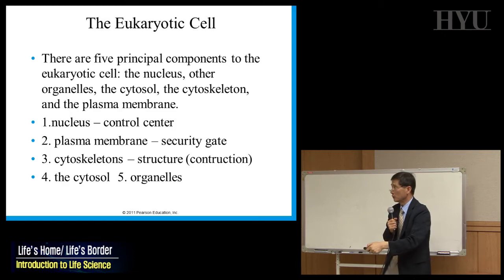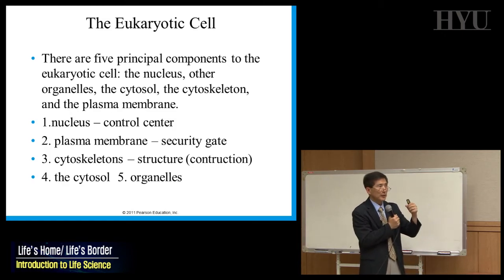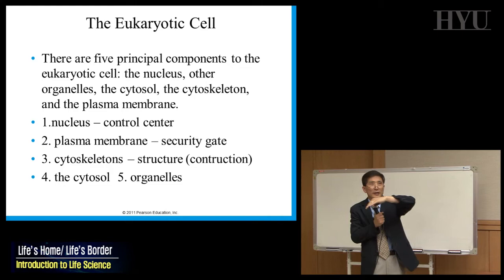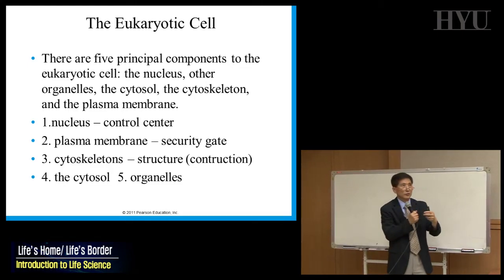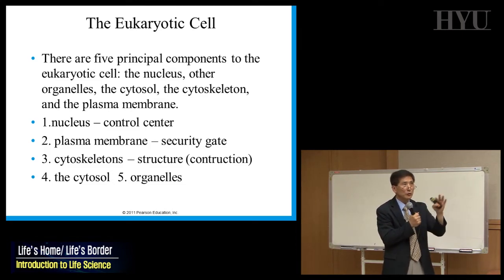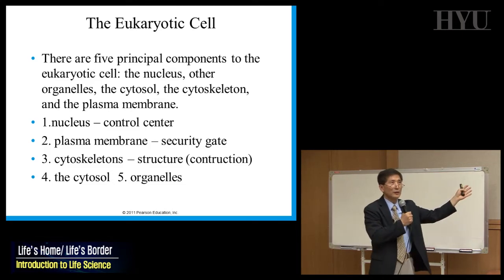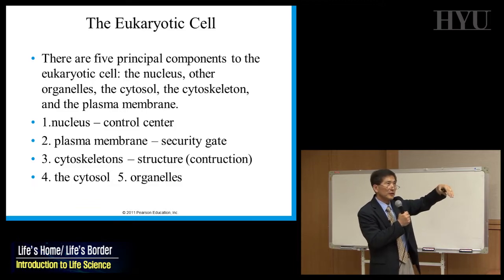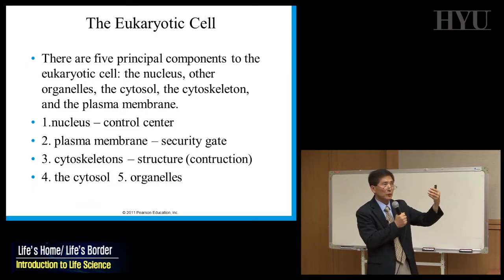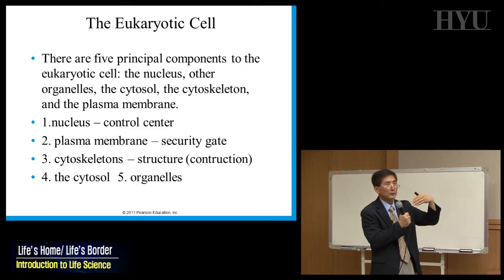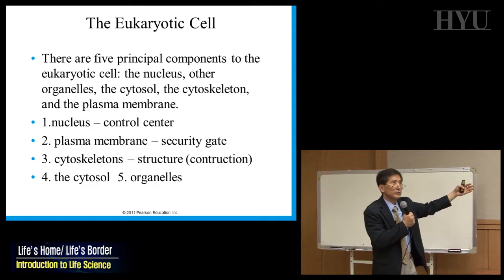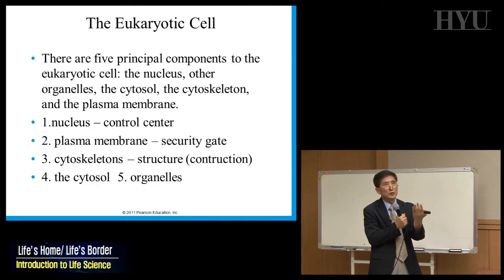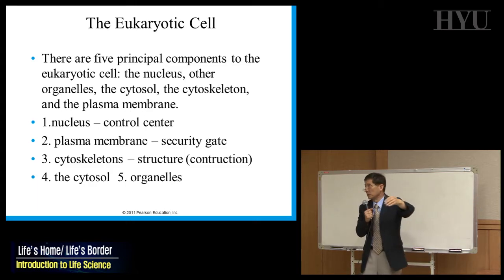The second one is the plasma membrane, the boundary of the city. Usually when you're coming into Seoul, you don't see checkpoints or guards, right? But if you enter some other country, there's a checkpoint, they will guard, and they will ask you to show your passport. So that's the boundary, the plasma membrane.